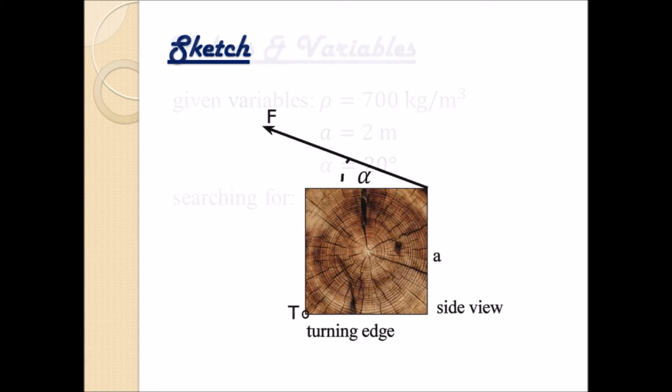Well, let's have a look here shortly at this sketch. You can see this sketch of a wooden cube, and it's just a side view. On the lower left corner you can see that I marked the turning edge. And we want to pull at the upper right edge in order to turn it to the left.